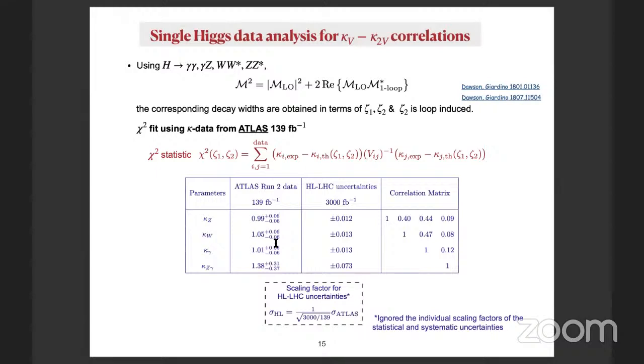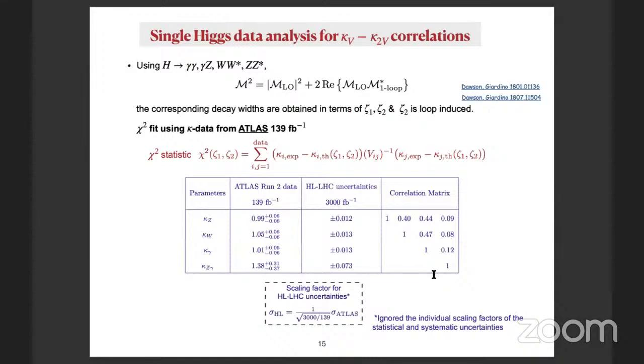Now to get experimental results to compare, we have defined these Higgs widths in terms of the kappa parameters, where the Higgs widths are proportional to the kappa squares. We can write the chi-square, where kappa I experimental are the experimental values of the kappas, and kappa I theoretical is the expression you get in terms of zeta1 and zeta2, and V is a correlation matrix, whose information is given in the box underneath.